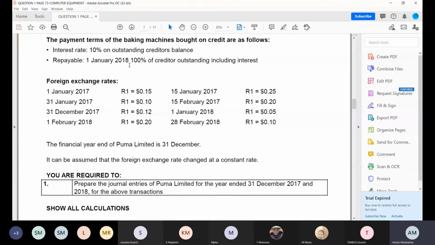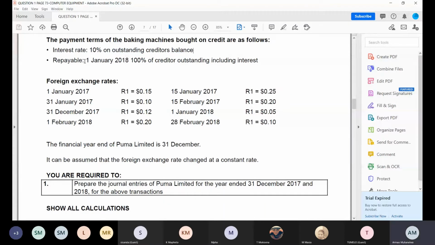The payment terms. The payment terms of the bagging machinery bought on credit are as follows. In other words, we bought those inventory on credit. Then we'll be charged an interest rate of 10% on the outstanding creditors balance.